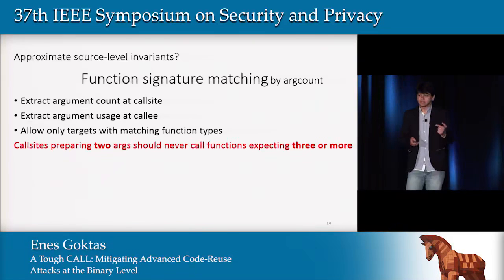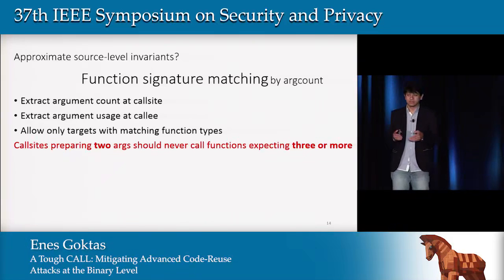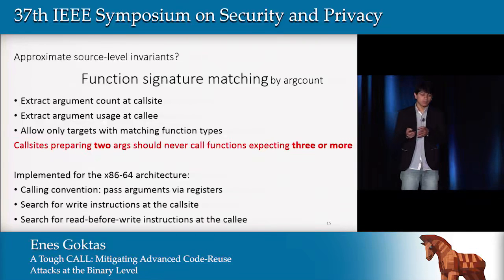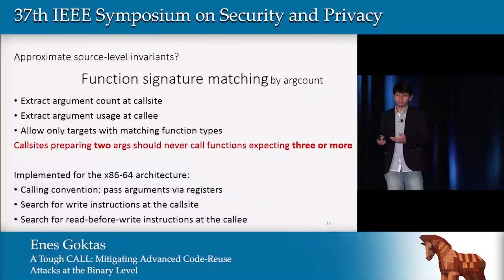Then this indirect call site is not allowed to call functions that actually expect 3 or more arguments. We have implemented TypeArmor for 64-bit architecture, where the calling convention is that the first few arguments, when a function is called, are given through registers.